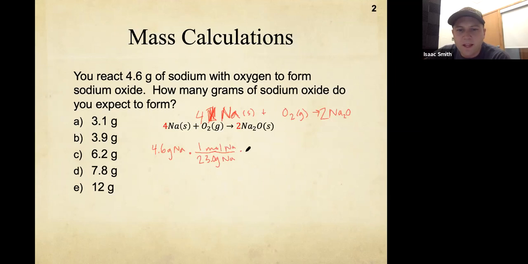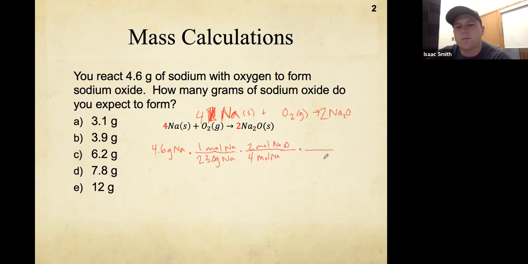Then we convert from moles of sodium to moles of sodium oxide, because that's what we're converting to. If we use the coefficients from the chemical equation, we can say 4 moles of sodium gives us 2 moles of sodium oxide.